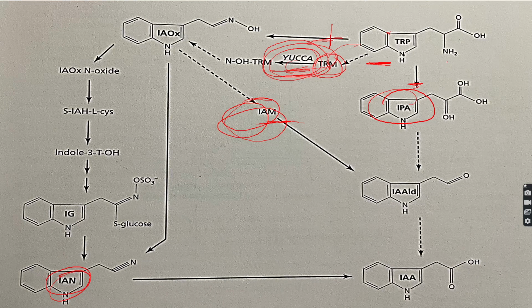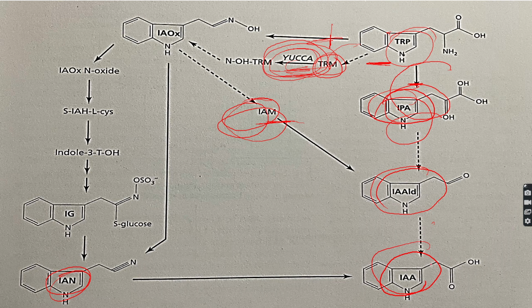If we see this IPA pathway, tryptophan is converted to IPA, IPA is converted to indole acetaldehyde, and this will produce indole acetic acid. But if we see this tryptamine pathway, as I told, there are two ways.